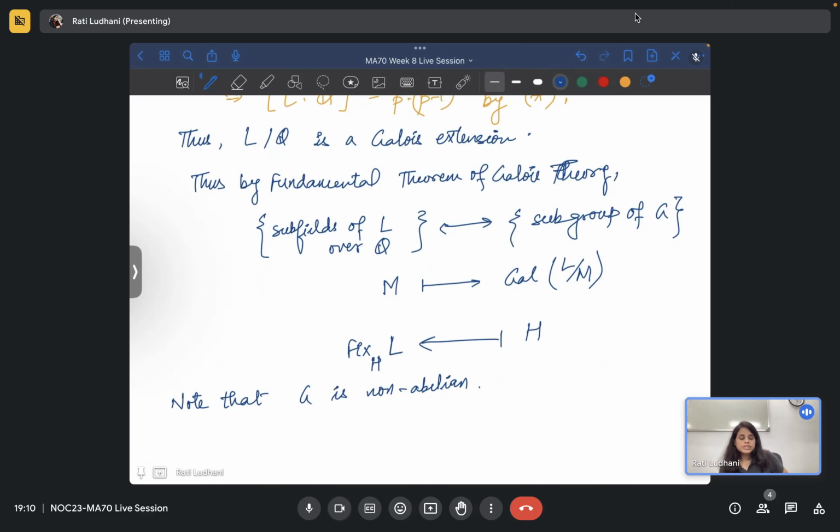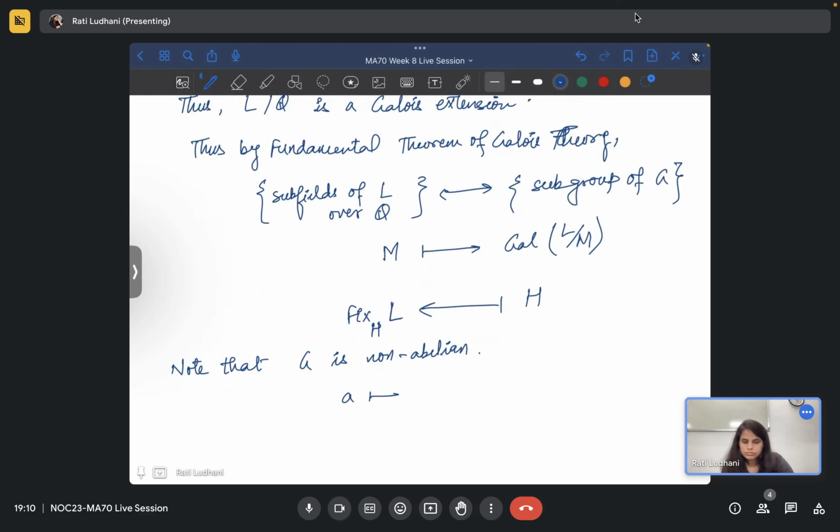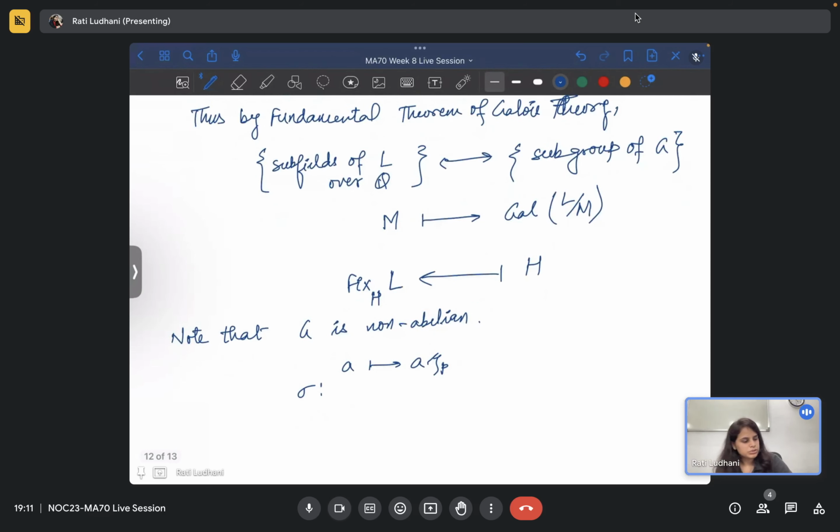What I was saying is that G is non-abelian. How will you check that? Consider how G is defined: a goes to a zeta. Let's consider sigma to be this. Just take zeta p only, don't take any power. So take sigma such that zeta p maps to zeta p square.